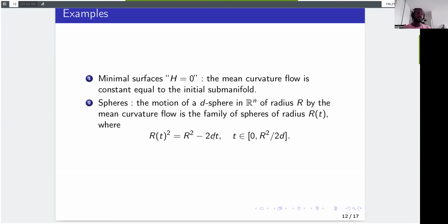And how to find this is just you take d orthogonal directions, you compute the curvature in the direction of any of these directions, and the curvature is constant, equal to 1 over R, and you take the sum and you get d over R.